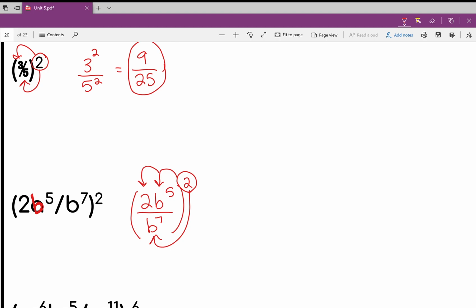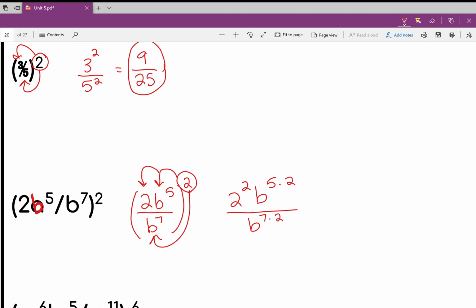So the 2 right here is going to become 2 to the power of 2. This B is going to be B to the 5 times 2 over B to the 7 times 2.